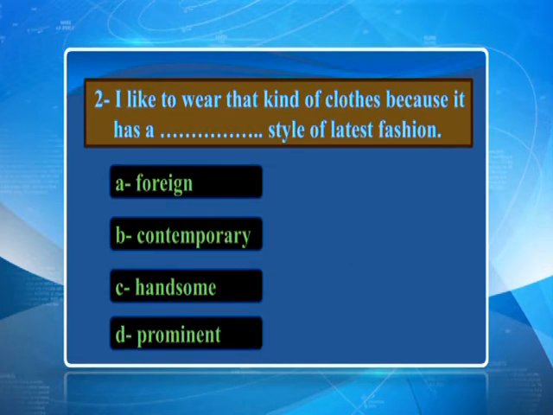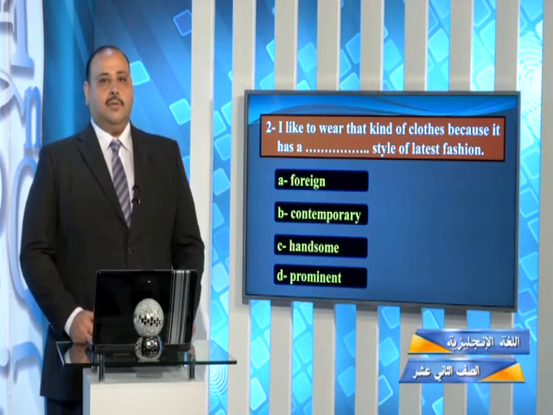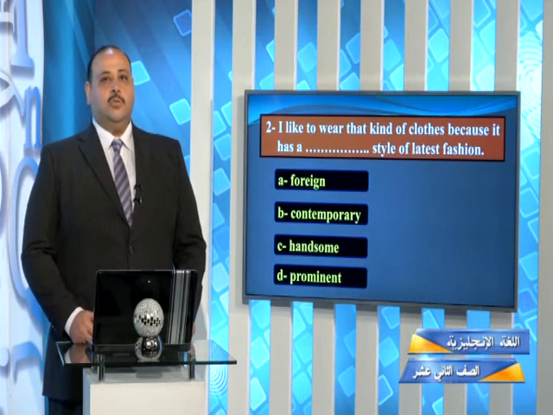I like to wear that kind of clothes because it has a style of latest fashion. All right. Again here, when you read the whole sentence, you should understand what it is really talking about. And then you decide which words can be related to each other. Now in this sentence, which word here is related to the right answer?